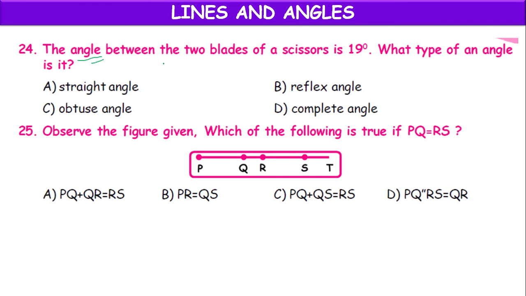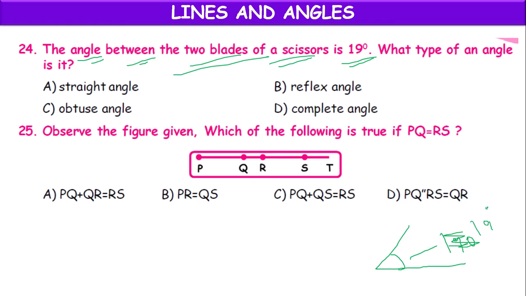The angle between the two blades of a scissors is 19 degrees. So what type of angle is it? 19 degrees, there is no answer.